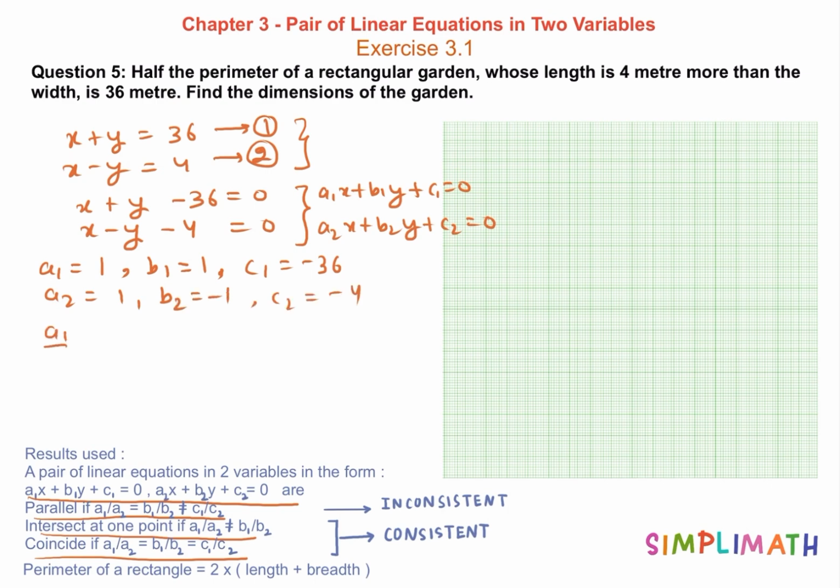So a1 by a2 equals 1 by 1, which is 1, b1 by b2 equals 1 by minus 1, c1 by c2 equals minus 36 by minus 4, which is equal to 9.